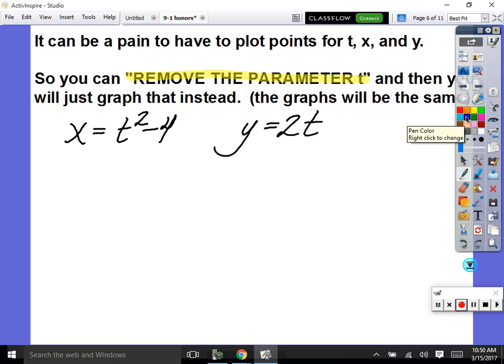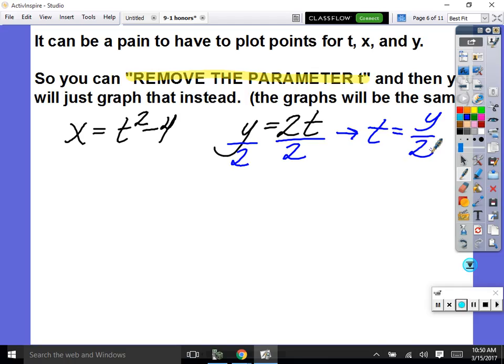So now think about it. We can do this 2 different ways. We can graph this 2 different ways. What I want you to notice is over here we could simply solve for t and get our function in terms of t instead of y. So have t equals something. Does that make sense? So to do that we would divide by 2, divide by 2. So now we have t is equal to y divided by 2.